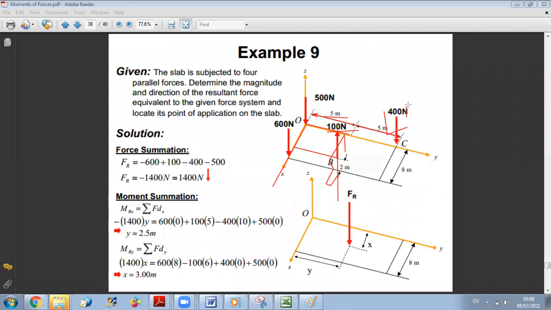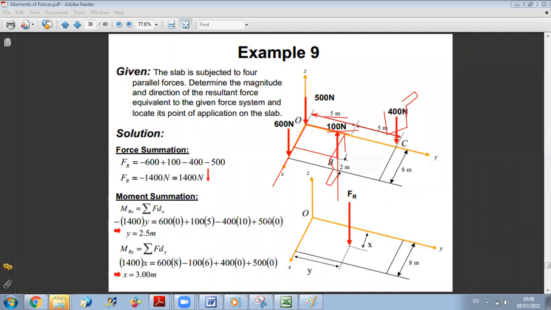Okay, so if you do your sum like this, you will get that it's a negative moment. So it's minus 400 times 10. And in total, if you calculate the resulting moment about x, you get your result.